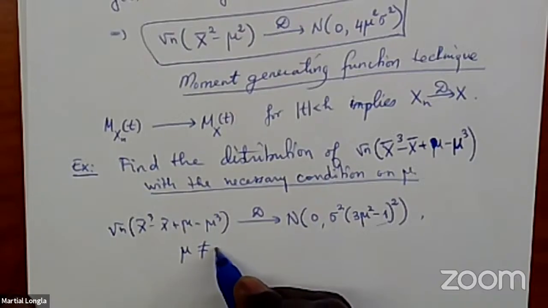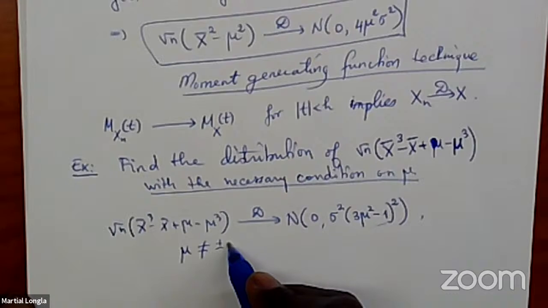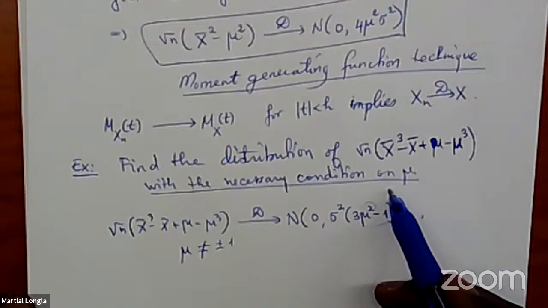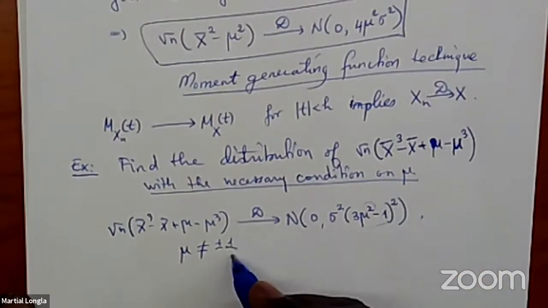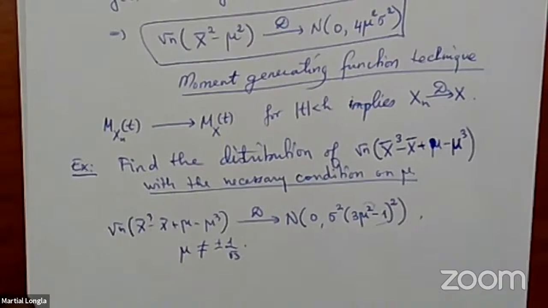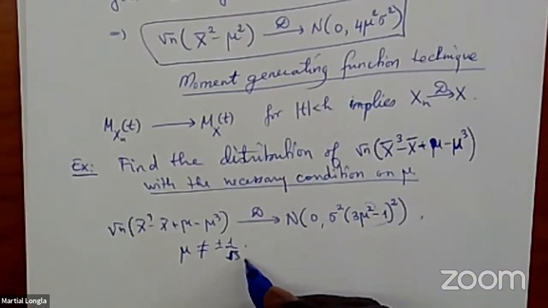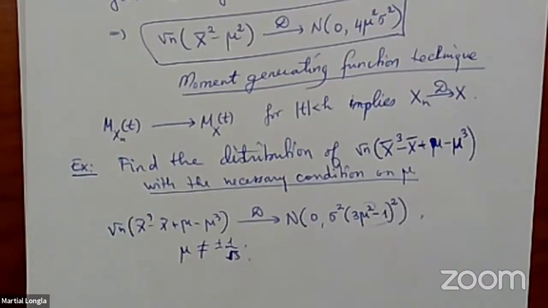Plus or minus 1 over square root of 3. So your mu shouldn't be this. That's exactly what it means.